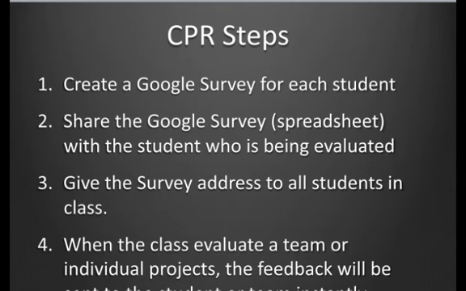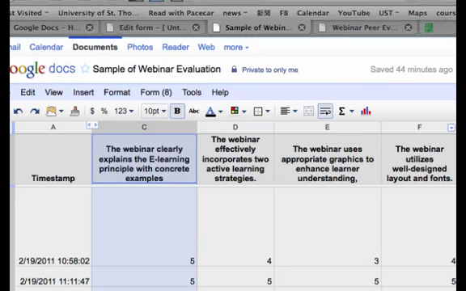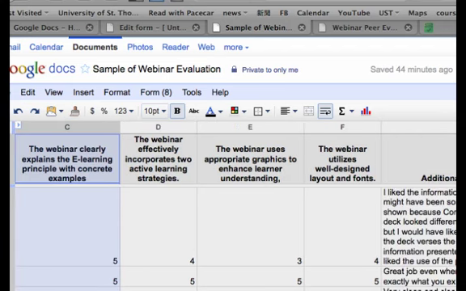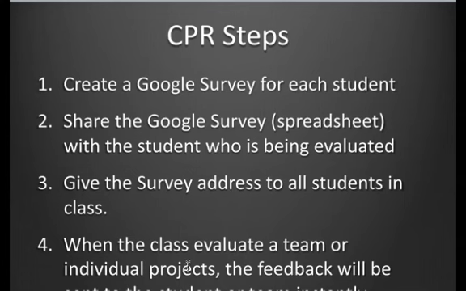Let's review the PowerPoint. You will create a survey, one survey for each student, and you share the survey address with the students so they can log in to look at the content and look at the comments from their classmates. And during the presentation, the third step, you give the survey address to all students.